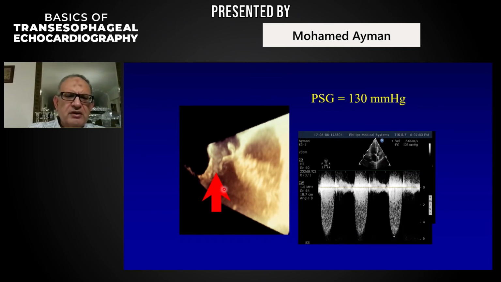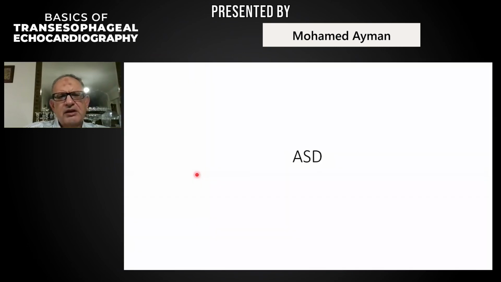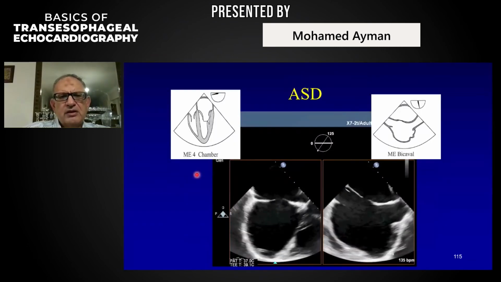And what remains from the outflow tract is this narrow tunnel, creating a very high gradient of 130 millimeters of mercury. So this is the LV, this is the outflow, and this is the aortic root, and you can see this narrow tunnel in the outflow tract created by this subaortic membrane.